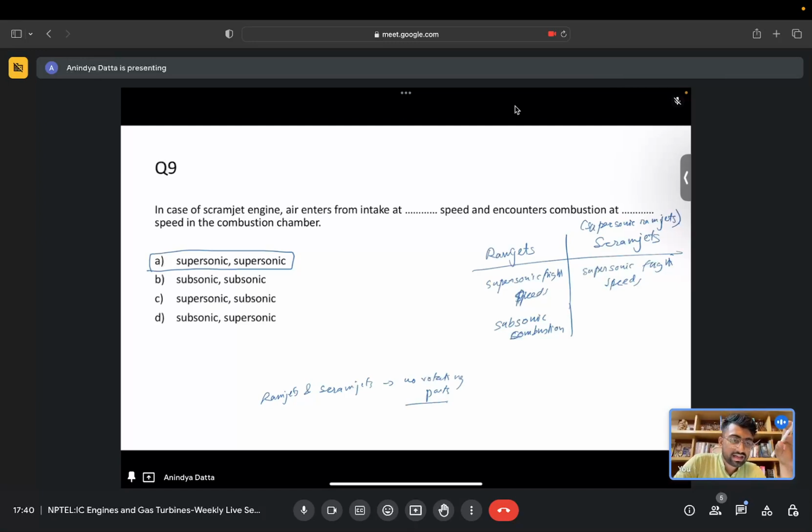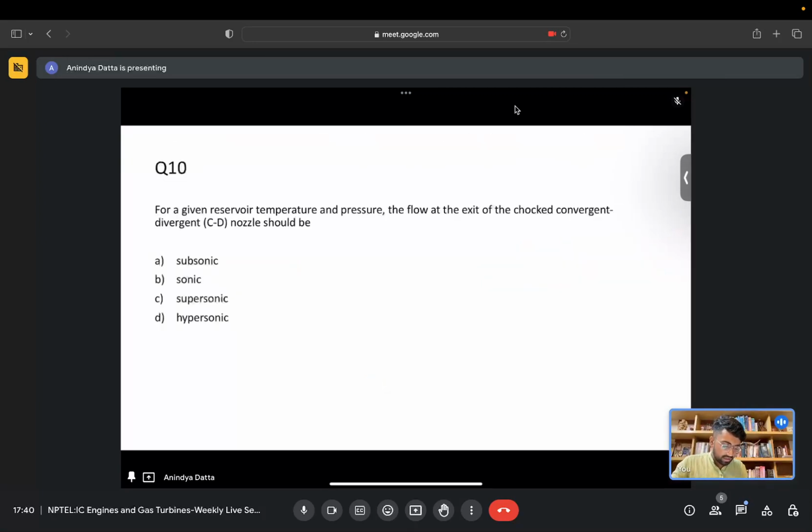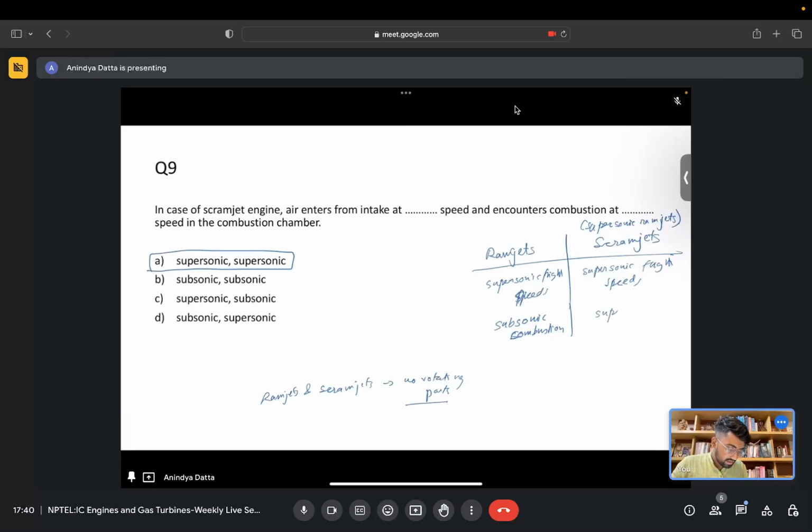So in scramjets, the flow velocity after it undergoes compression in the engine still remains supersonic when it goes to the combustion chamber. As a result, the combustion also happens at supersonic speed. So this is the difference between ramjet and scramjet: in a ramjet the flow in the combustion chamber is subsonic, and in a scramjet the flow is still supersonic.